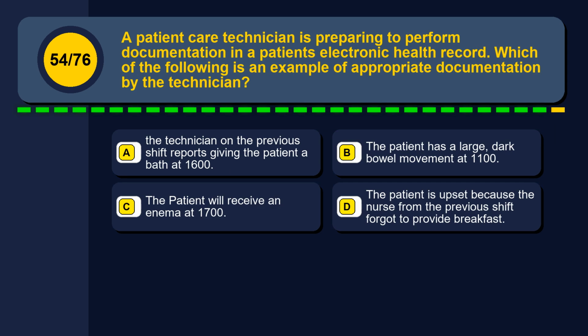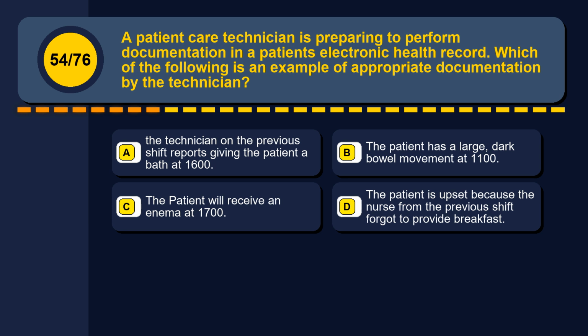Question 54. A patient care technician is preparing to perform documentation in a patient's electronic health record. Which of the following is an example of appropriate documentation by the technician? Option A, the technician on the previous shift reports giving the patient a bath at 1600. Option B, the patient has a large, dark bowel movement at 1100.